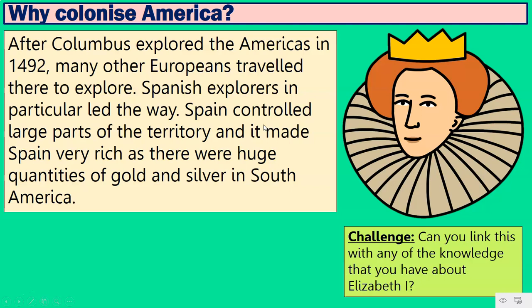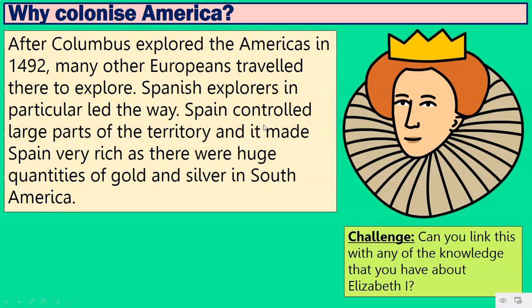The British Empire began to grow during the 16th century. So after Columbus explored the Americas, after 1492, lots of other European travellers and explorers wanted to find out more about the Americas.